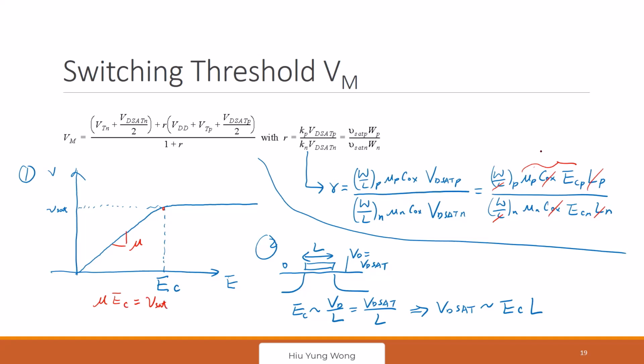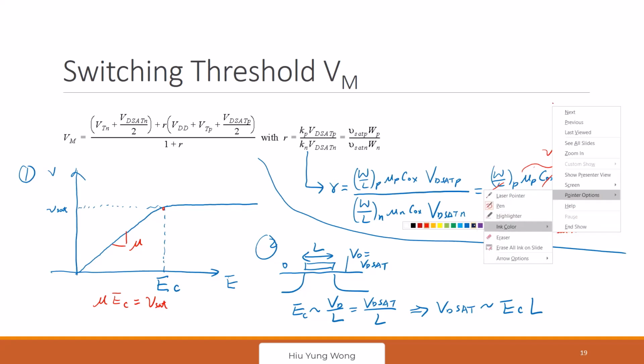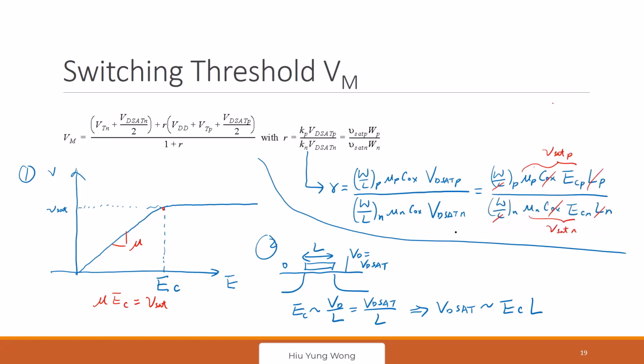So this is the saturation velocity of P, and this is the saturation velocity of N. So this equals W_P times saturation velocity of P, divided by W_N times saturation velocity of N.